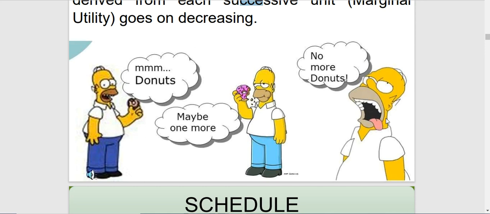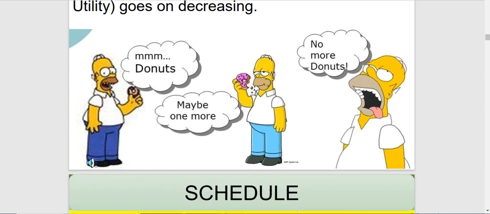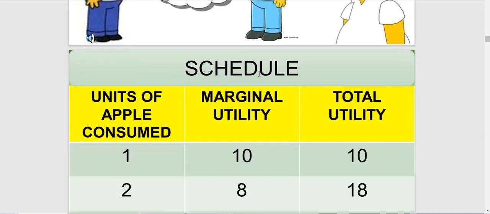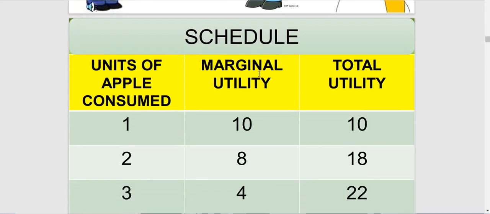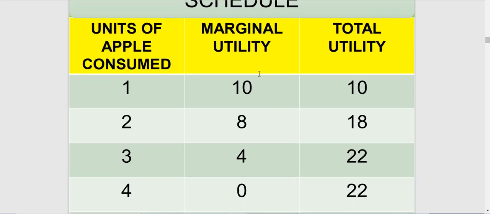I cannot consume more than this amount. So here, every successive unit consumed by the consumer will give him lesser and lesser satisfaction, till he arrives at a stage when he does not want to consume any units of the commodity any further. This can be explained with the help of this schedule. The schedule clearly shows the different units of apples consumed by a consumer.